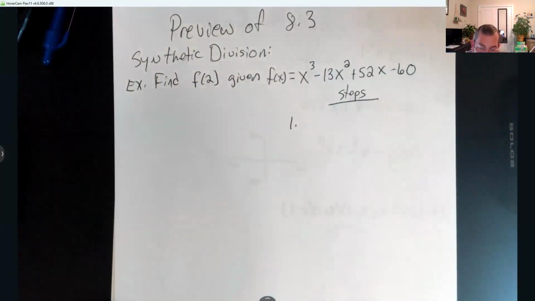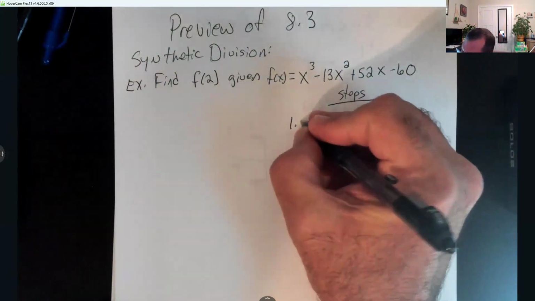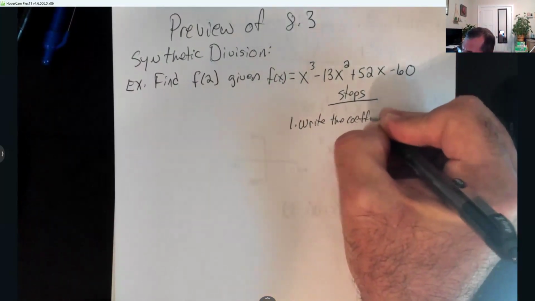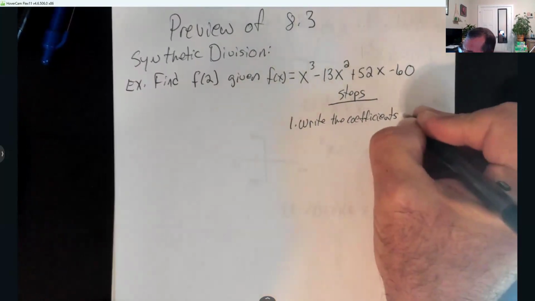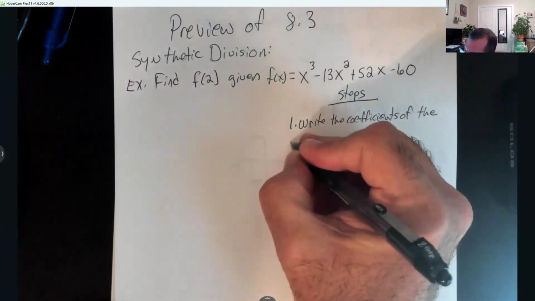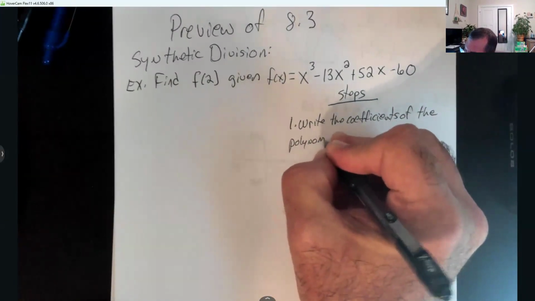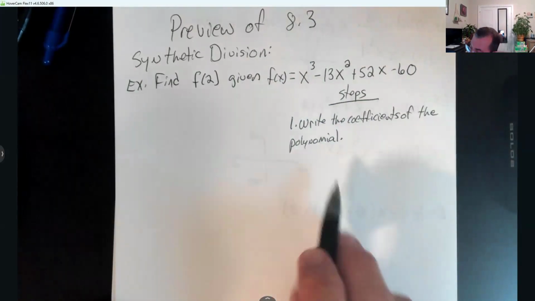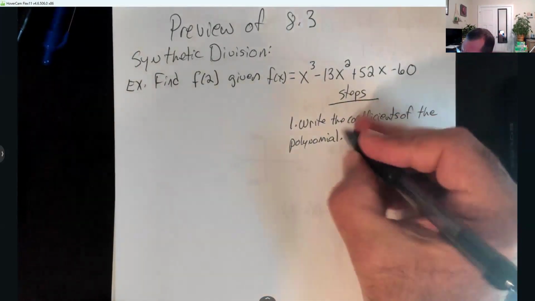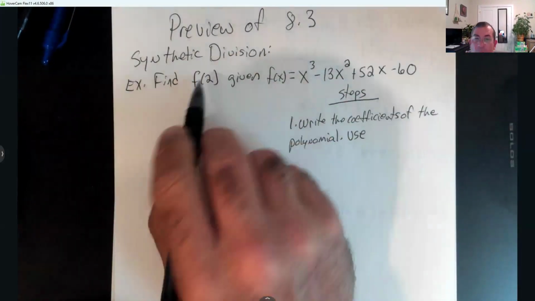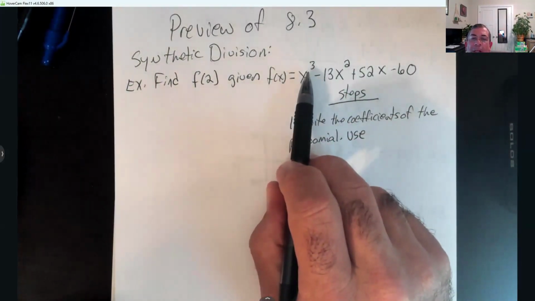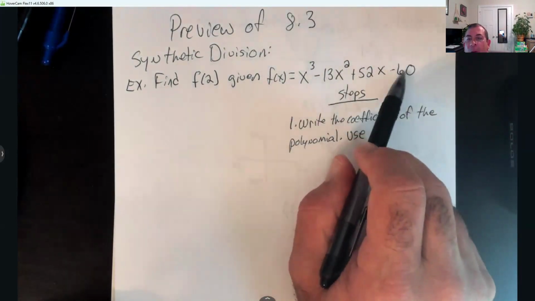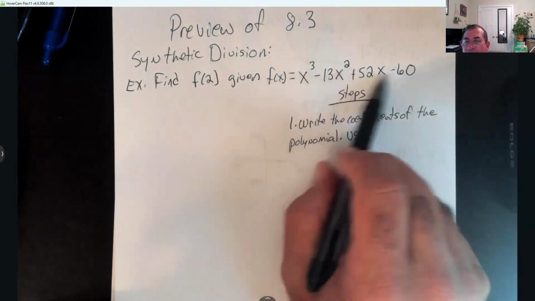So the first thing we do, we write the coefficients of the polynomial. When you write these coefficients, if there are any missing terms in our polynomial, so let's see, we got an x3 term, x squared term, x term, and we got our number at the end. There's nothing missing in this.